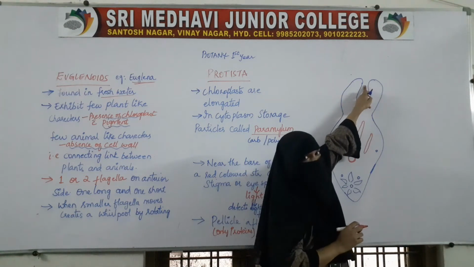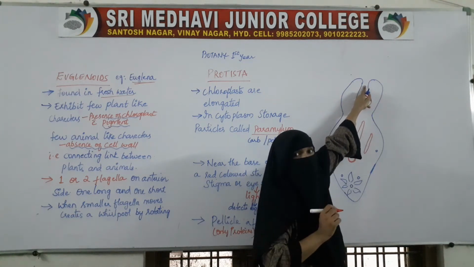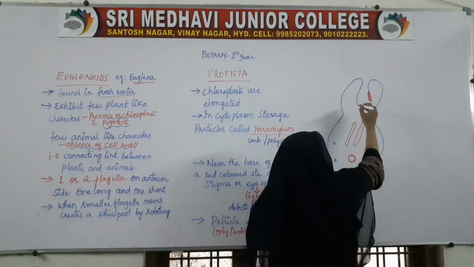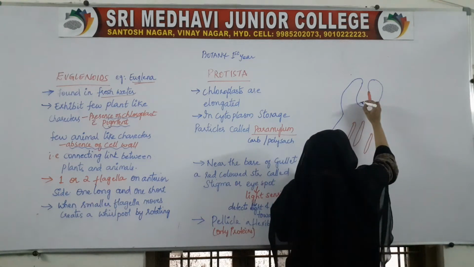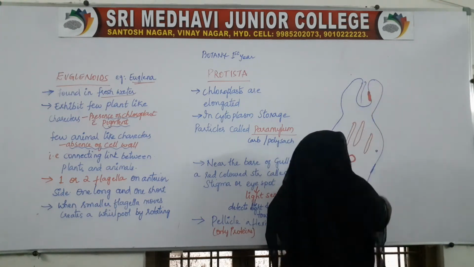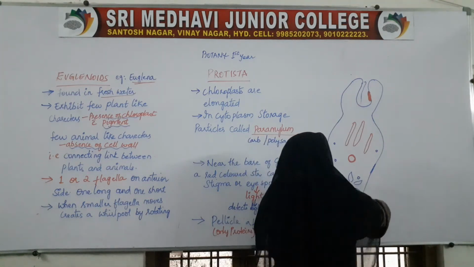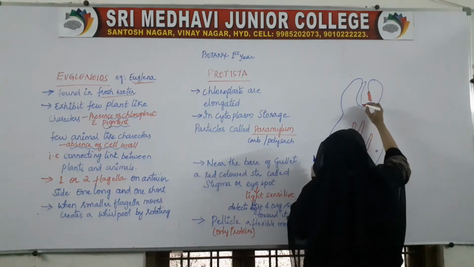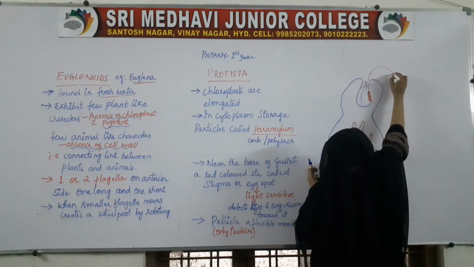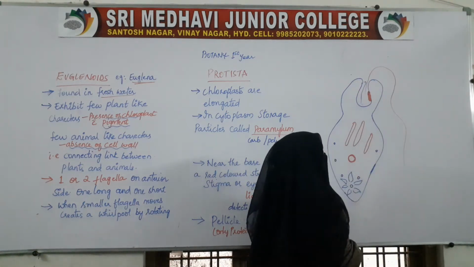At the anterior side two flagella arise. One will be a smaller one, which is inside, and one will be a larger one, which will be coming outside.